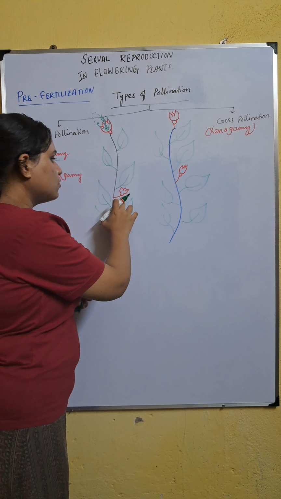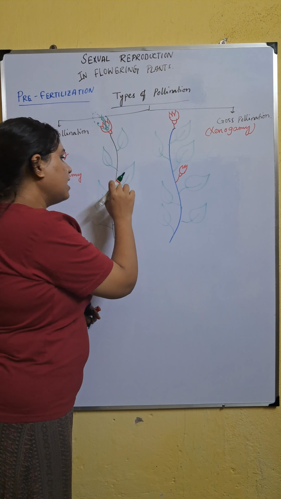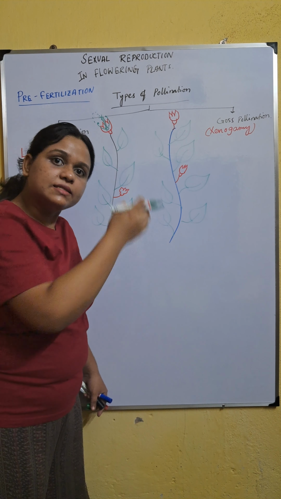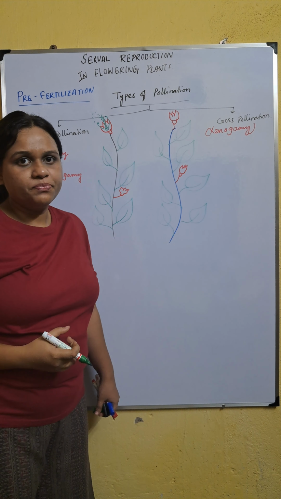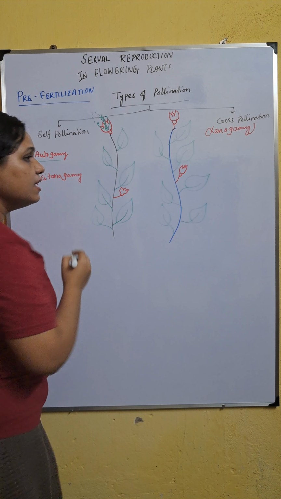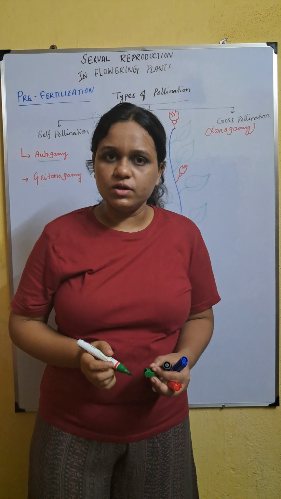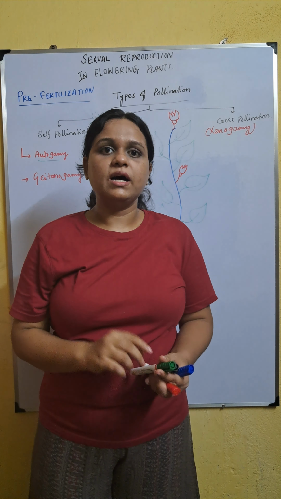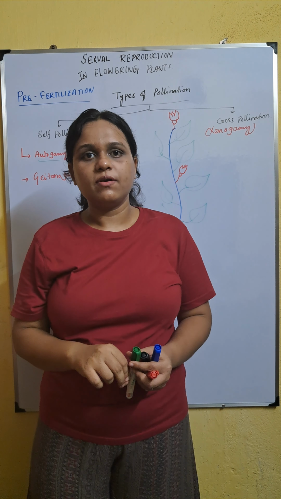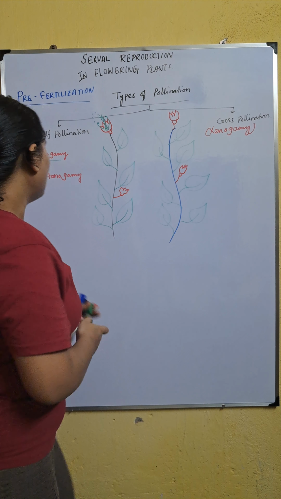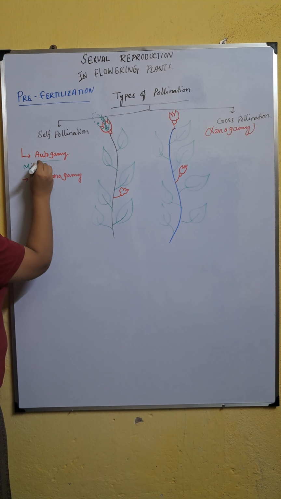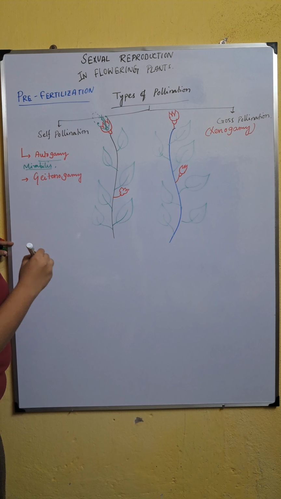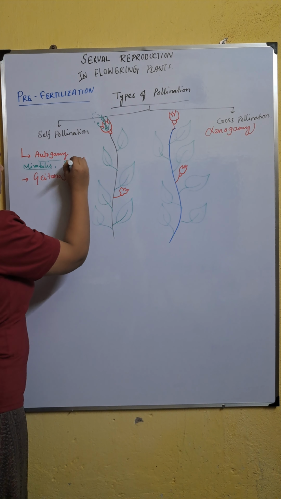If autogamy is occurring, the stigma will have the pollen of the same flower. So autogamy is the self-pollination process when pollen grains from the anther go to the stigma of that flower. For example, Mirabilis jalapa and Opuntia.